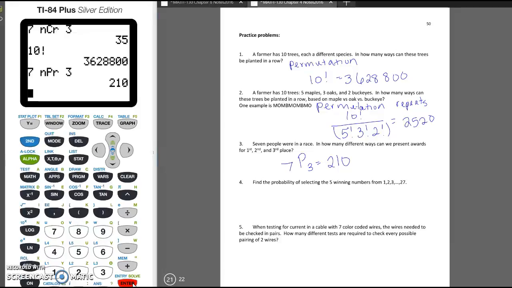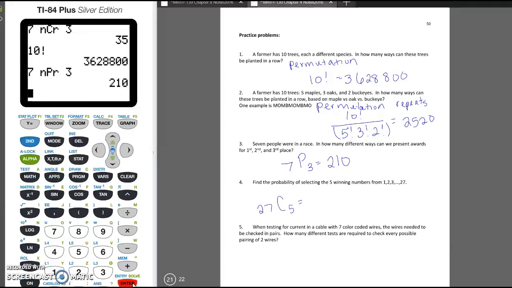So number 4 says find the probability of selecting 5 winning numbers from 1 through 27. Now we're not told that the numbers have to be in order, so we're going to assume that this is a combination. So there's 27 numbers and we're choosing 5 of them.